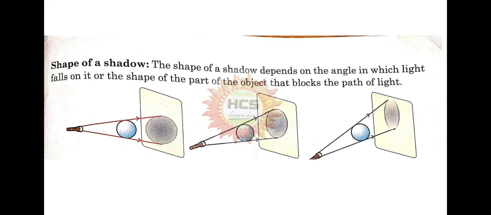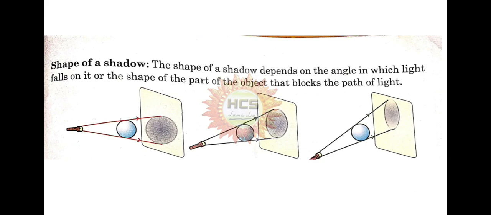And what about the shape of the shadow? The shape of the shadow depends upon the angle in which light falls on it, or the shape of the part of the object that blocks the path of light. So can the shape of shadow change? Yes, the shape of shadow can change according to the angle of light.